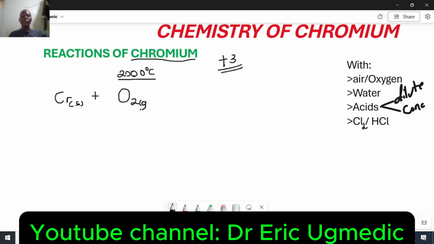Always be very careful when you're writing these symbols. I'm trying to show the right way of writing these. So chromium reacts with oxygen to form chromium 3 oxide.